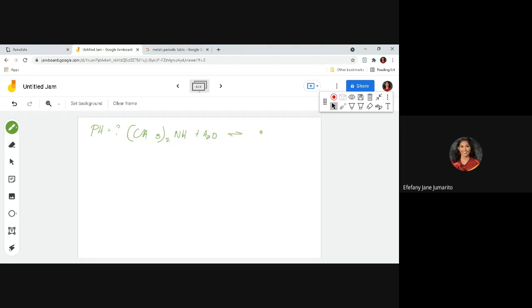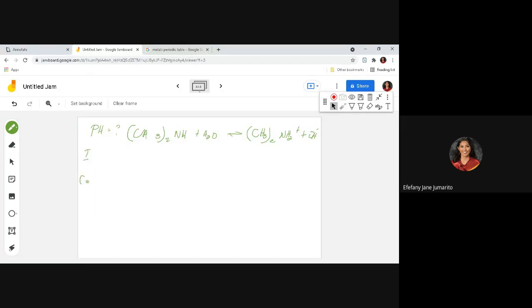Then the product will be (CH3)2NH2+ plus OH minus. Okay, we have that one.